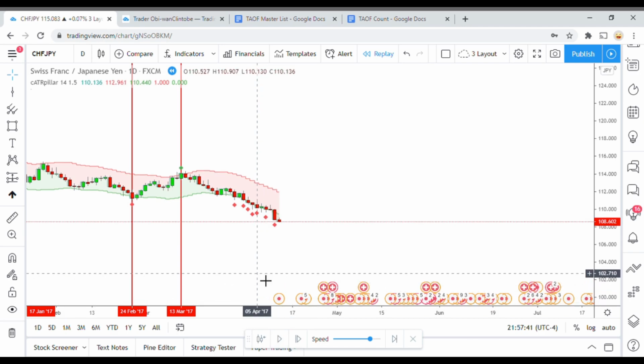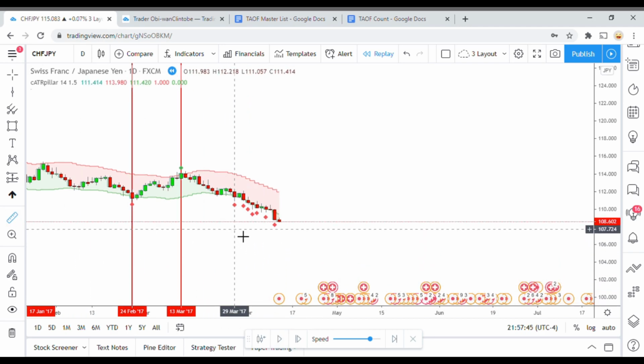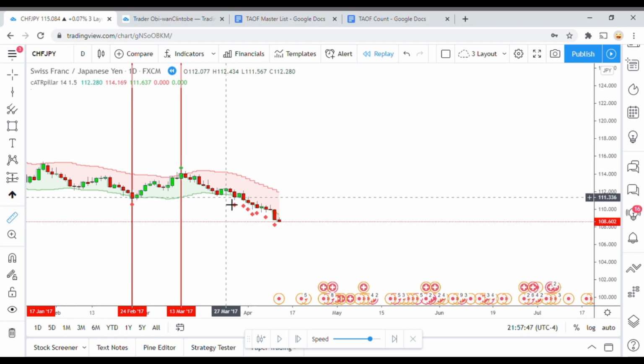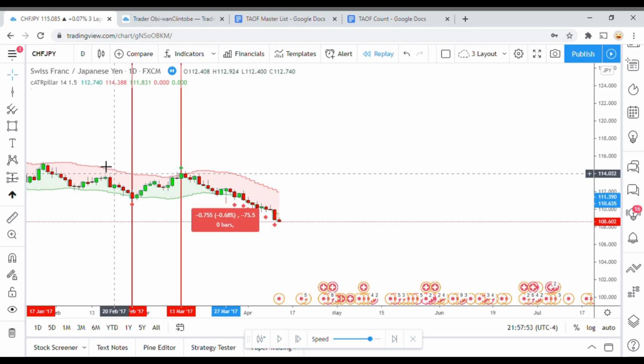There we go, finally got some movement. So let's see, this is where it will get to be a little challenging. Down to there.